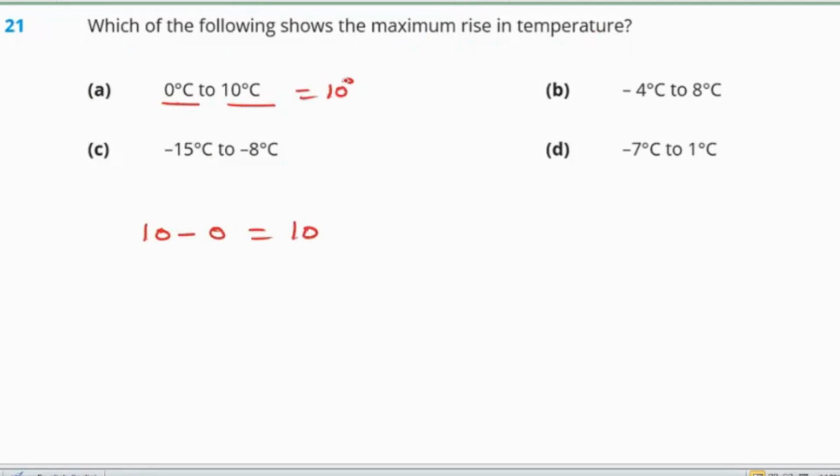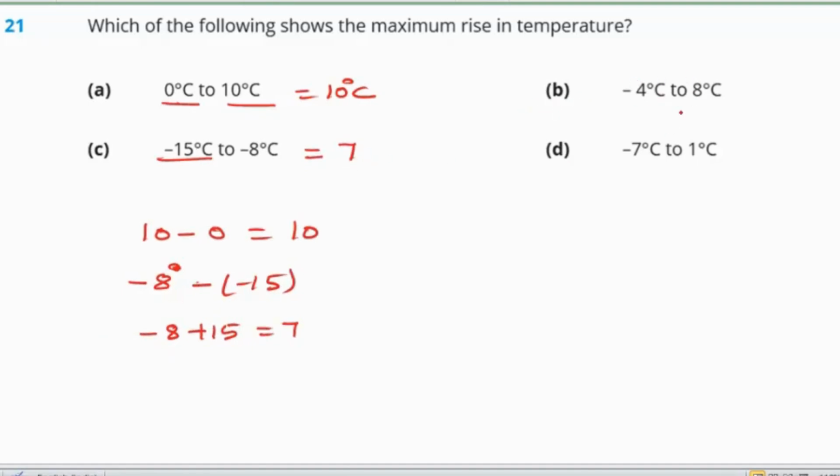Now if we are talking about option C, from 15 degrees Celsius, it moves towards 8 degrees Celsius. So what is the difference between them? 8 minus 15, which gives us minus 7. So here the answer is minus 7.